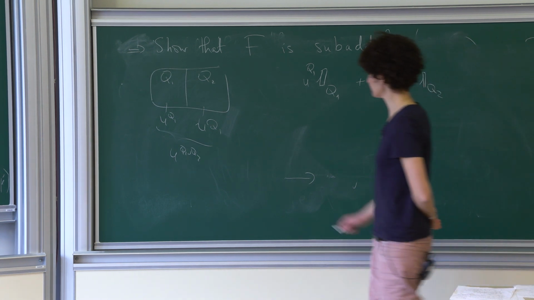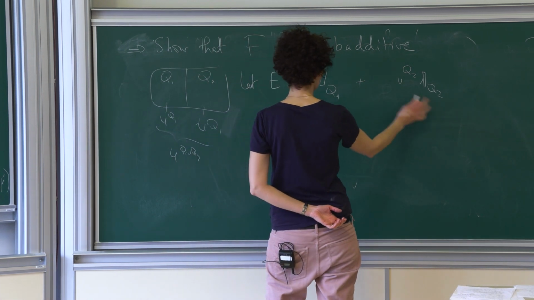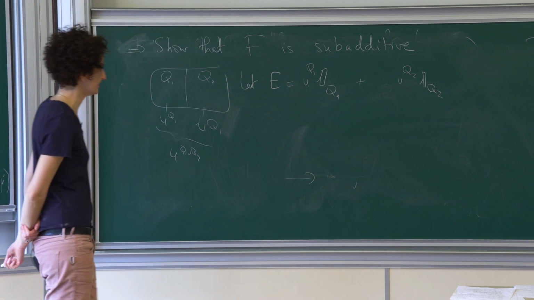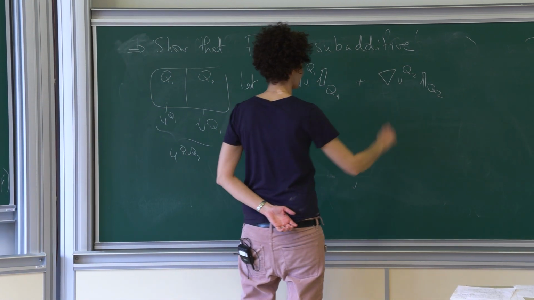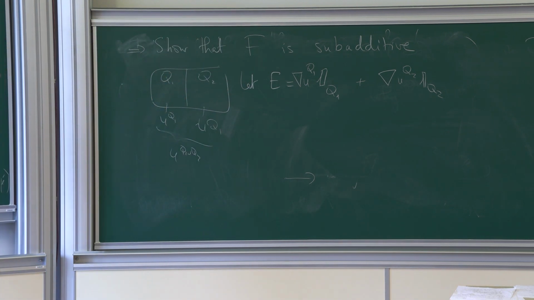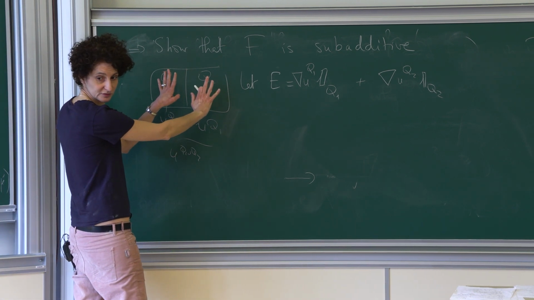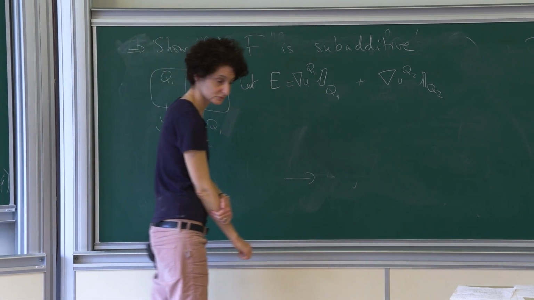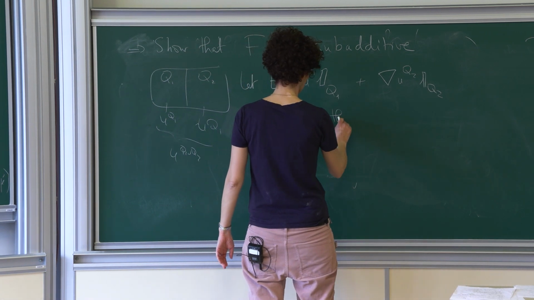Okay, so what I do is I let E be the sum of these things. Oh, sorry, I should put a gradient. So I just paste together the two gradient fields.